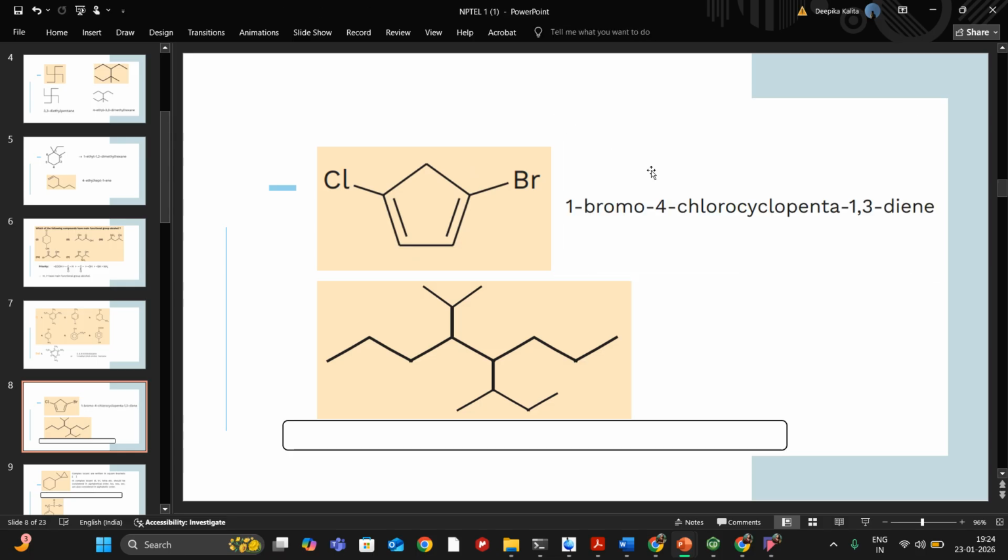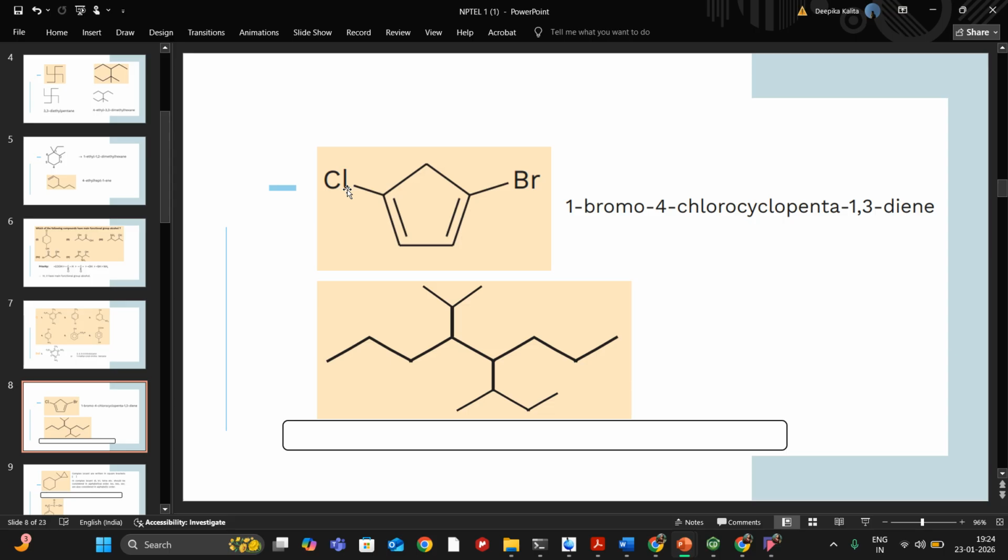Let us look at how to number the positions of these substituents. Also as we have bromo and chloro substituents, we will also have to look at the alphabetical order of the first letter of the substituents. For example, bromo will come before chloro while naming the compound.